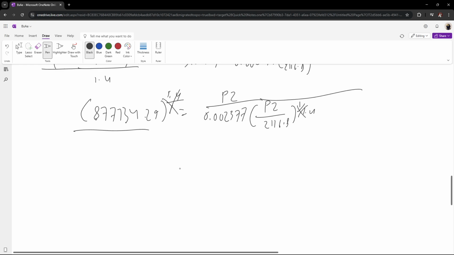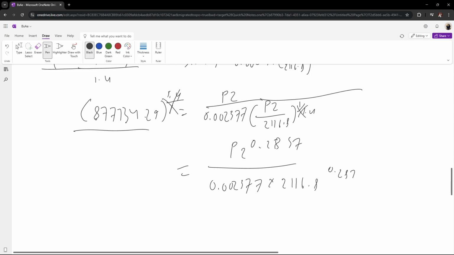So this equals P2 to the power of 0.2857 over 0.002377 times 2116.8 to the power of 0.2857.